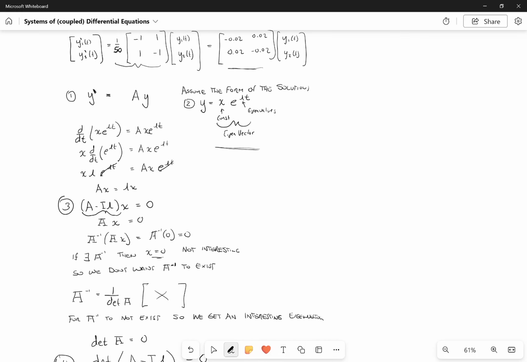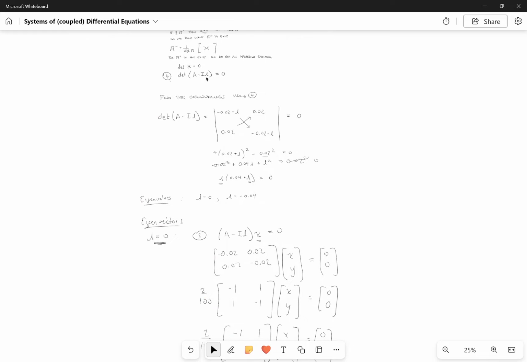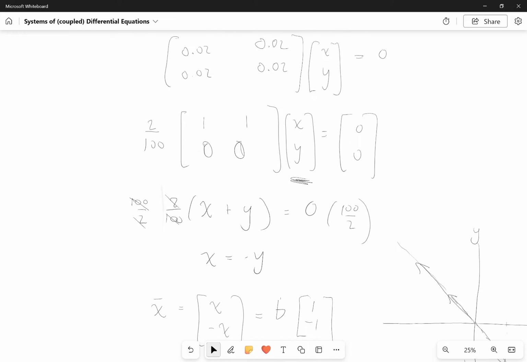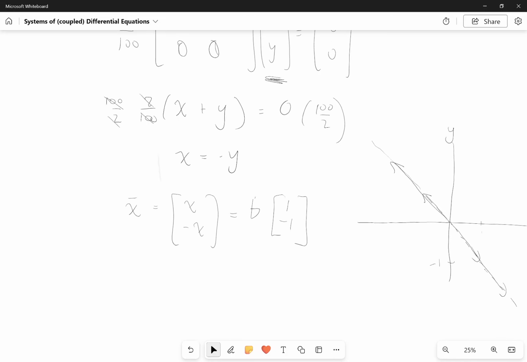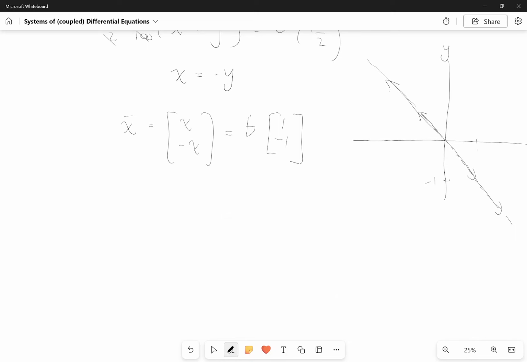This is the assumed form of the solution. Okay, y is x times e to the lambda t. We've got the lambdas, and we've got x's for each of them. We got the eigenvalues and the eigenvectors. So we have the two solutions. So let me go in. So the solution.